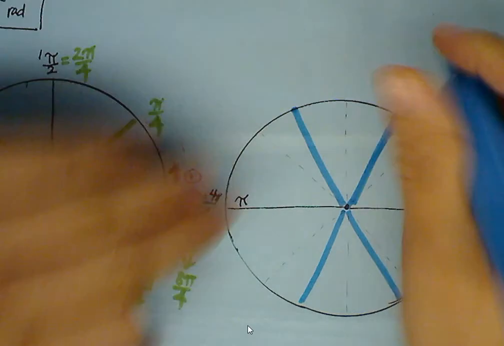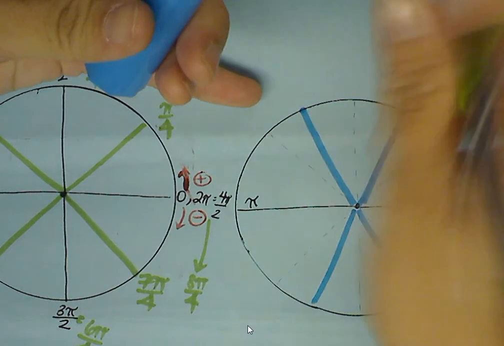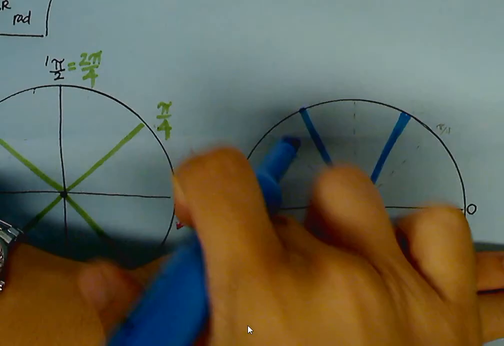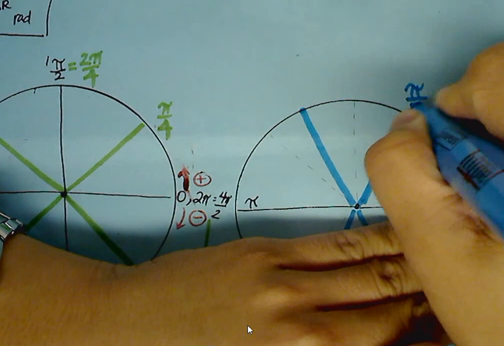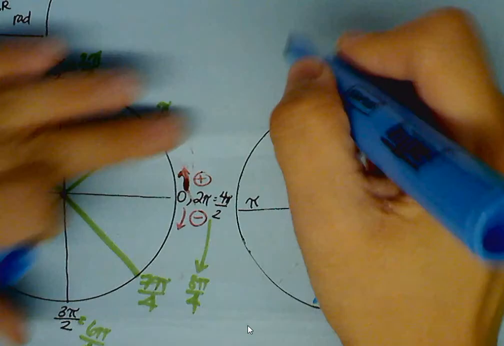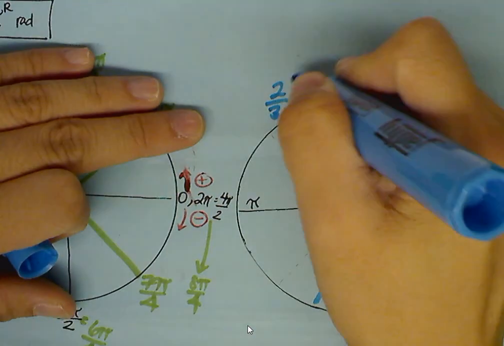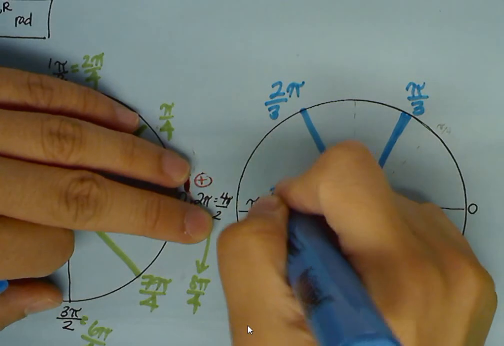So how can I write this as a fraction? This is 1/3 of a pi, right? So this is a whole pi. This is 1/3 of a pi, meaning it's pi over 3, right? So this is 2/3 of a pi, 2/3 pi. And this is really 3/3 pi.